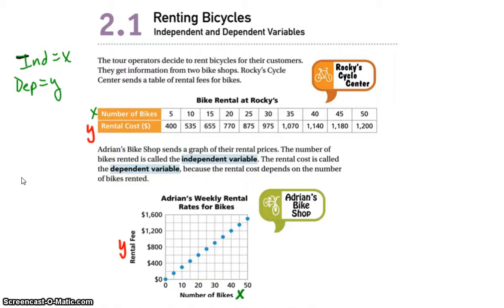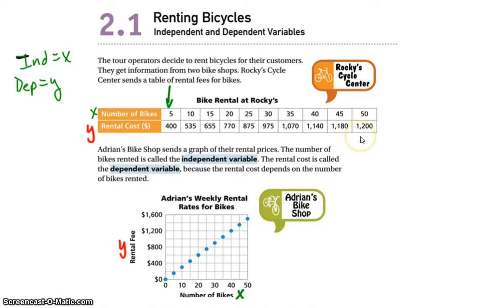At Rocky's, we see that if we start off with a very small amount, 5 bikes, that it equals $400, so that we're roughly paying $80 per bike. And if we increase that, each time going up by 5s in their table, if we hit 50 bikes over here, we're going to be paying $1,200, which is roughly about $24 per bike.